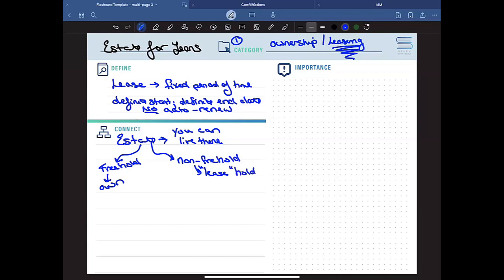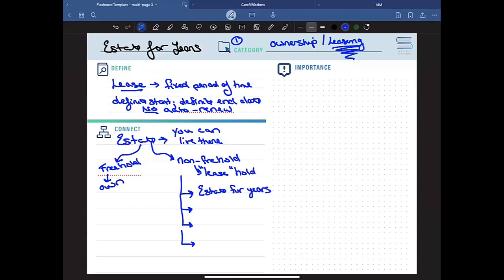So where do you think estate for years would go, under freehold or non-freehold? Non, wait, yeah, non-freehold, sorry. No, it goes under non-freehold because you are leasing. And then there are four types of non-freehold estates. One of them is estate for years.